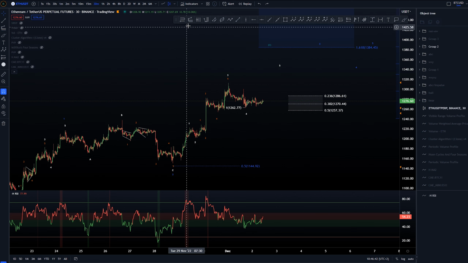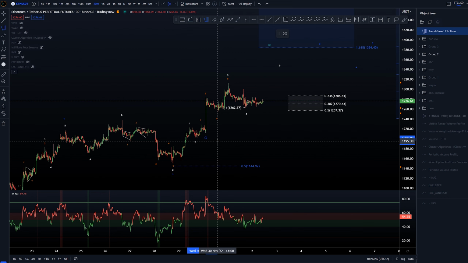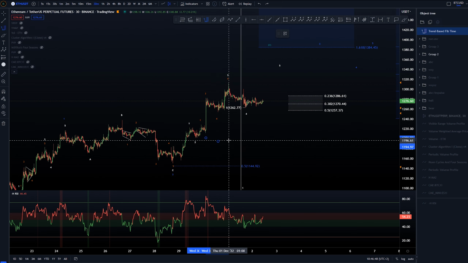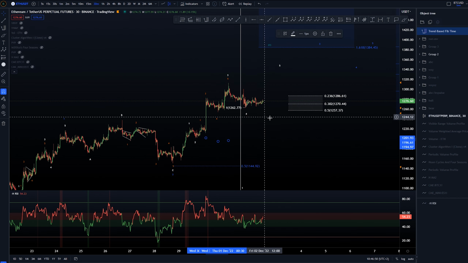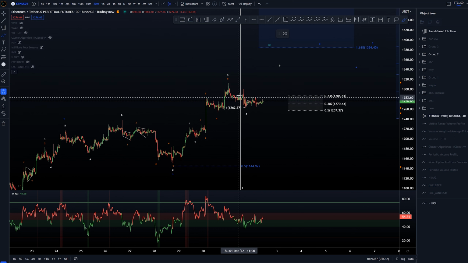So if we are comparing the wave 4 in time to that previous structure, it actually looks like it is already larger than the previous one.